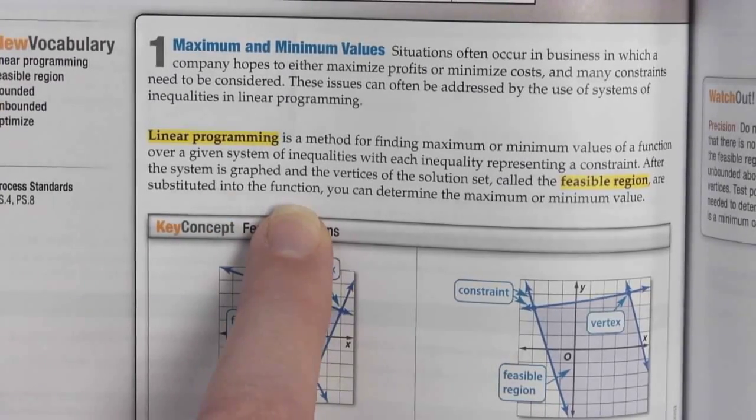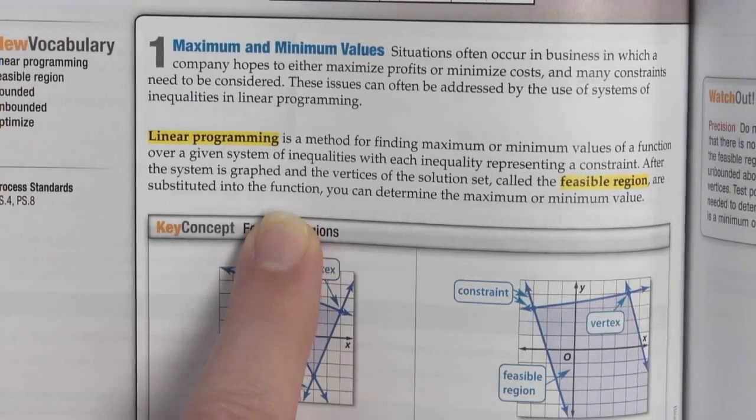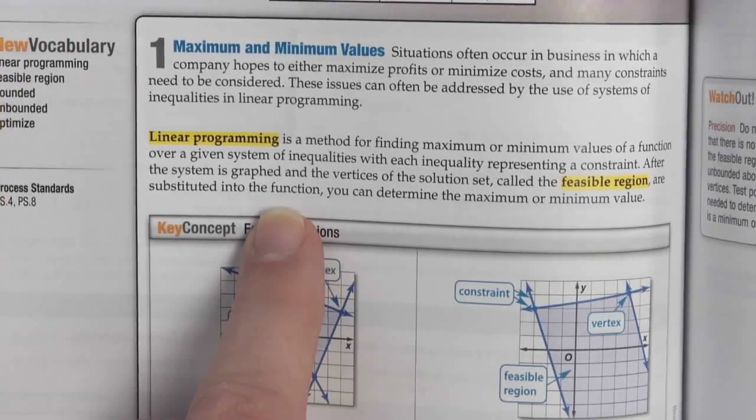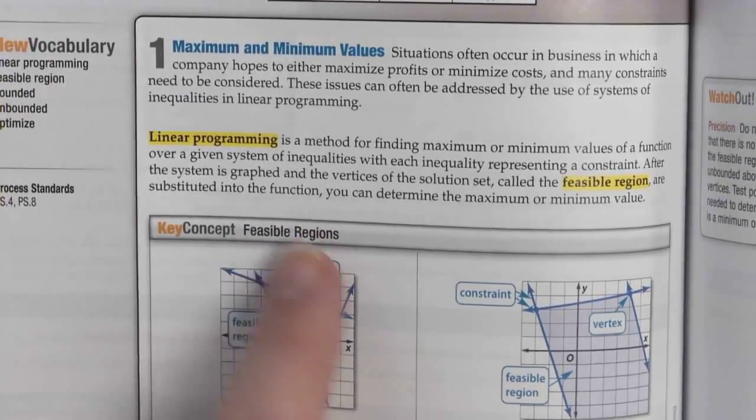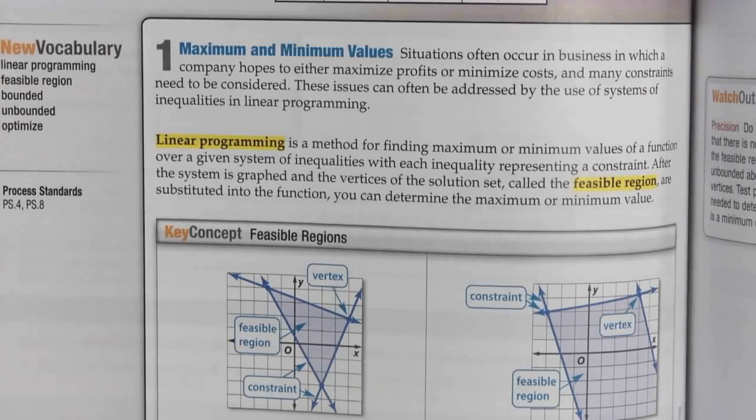So the vertices are the corners. By that you can figure out your maximum or minimum value of whatever kind of function you have, if it's a profit function, cost function, or whatever. Now, obviously, you would want to maximize a profit function, right? And obviously, you would want to minimize a cost function.